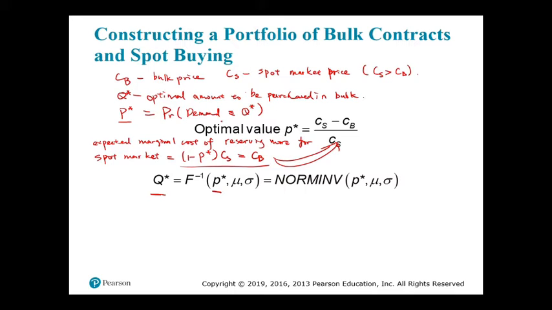So this is equal to CS minus CB divided by CS, and applying the inverse CDF function to both sides will give us Q star should be F inverse of P star given the demand distribution.